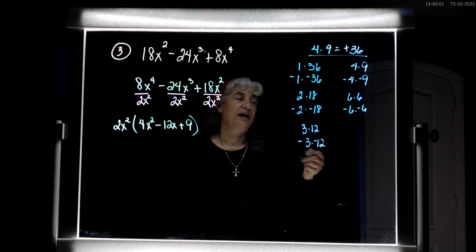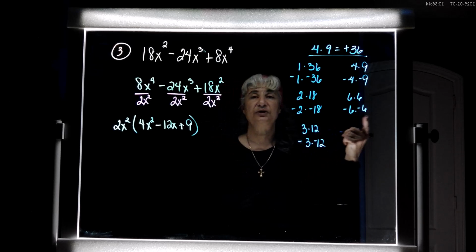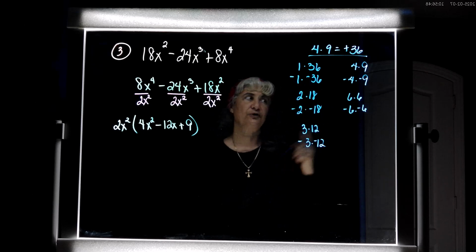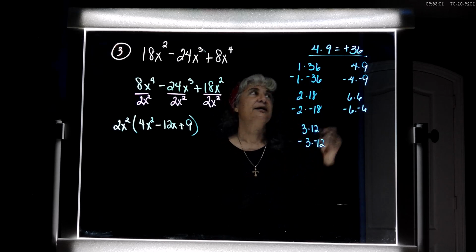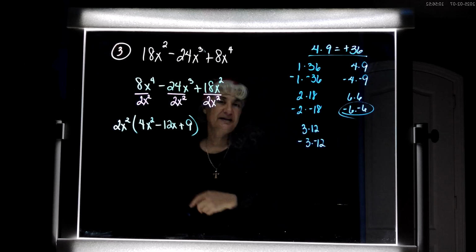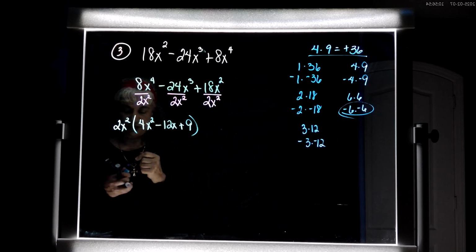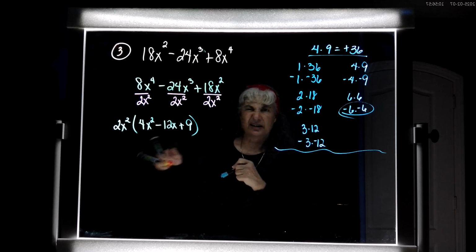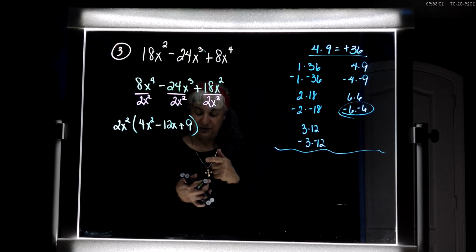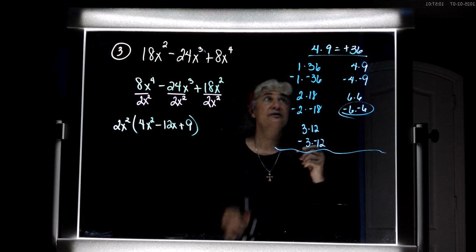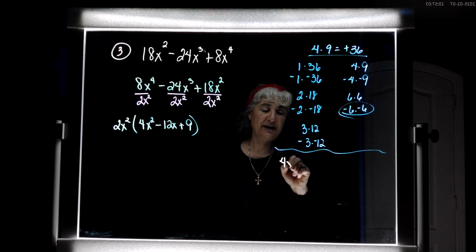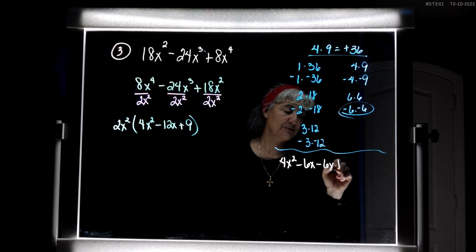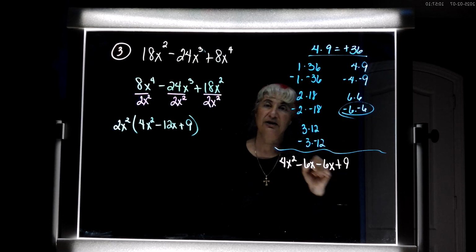And I don't have to try 7 because there's no numbers left between the 2 6s for me to count further. Yep, last combination because I need a negative 12. So I'm going to do it down here. I'll write the answer over there. Now, okay, so we're going to have 4x squared minus 6x plus 9.